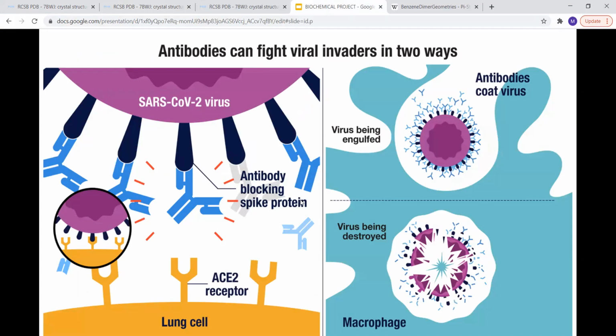Antibodies attack antigens by binding to them, and they either change the chemical composition of the virus, prevent the virus from attacking or penetrating body cells, or burst the invading virus, as you can see in this animation right here. Antibodies can fight viral invaders in two ways. Antibodies coat the virus, or macrophage, with which they destroy it.